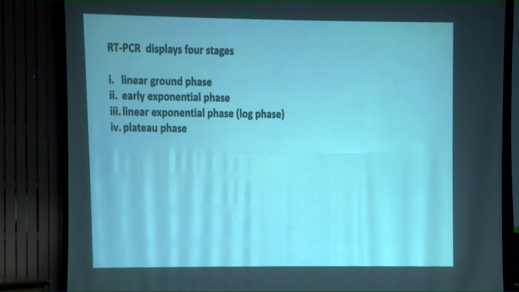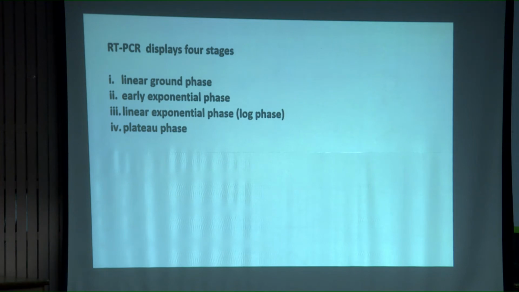Early exponential phase, right? That is something like the first gear, you now moved into second and third gear. Now you are in second gear, right? You started accelerating now. Something is happening. So that is early exponential phase. And third one, linear exponential phase, what is popularly called as log phase, right?